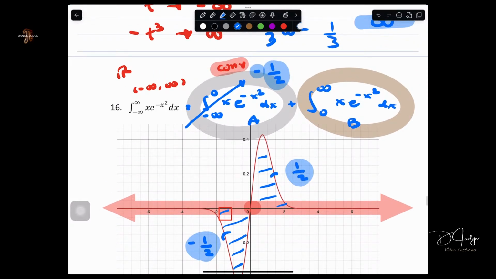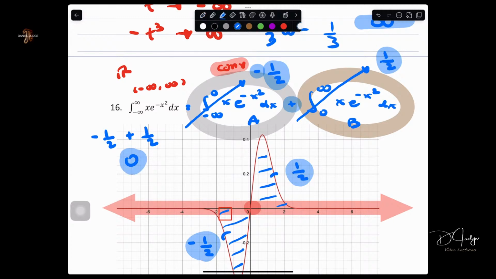Now, to make a long story short here, negative 1/2 plus positive 1/2 equals 0.